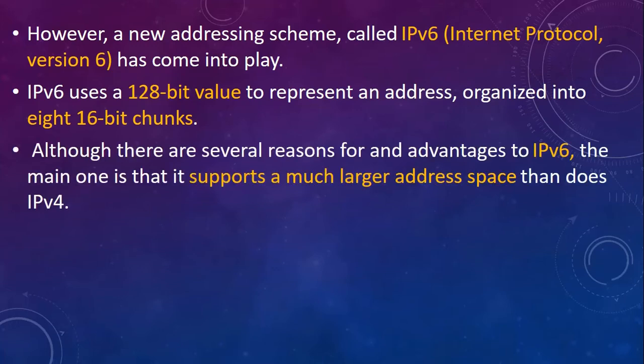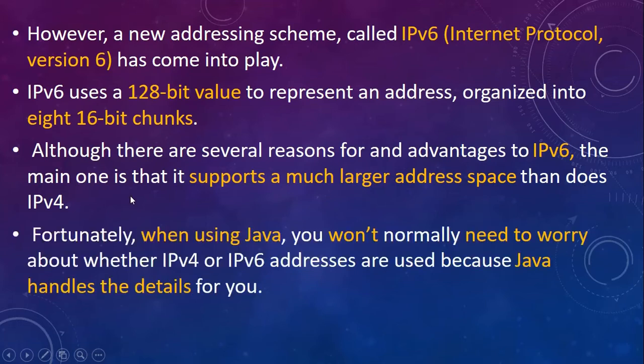Although there are several advantages to IP version 6, the main advantage over IP version 4 is that, since it uses a 128-bit value to represent the address, it supports a much larger address space than what was supported by IP version 4.